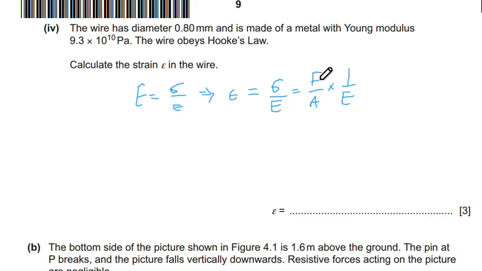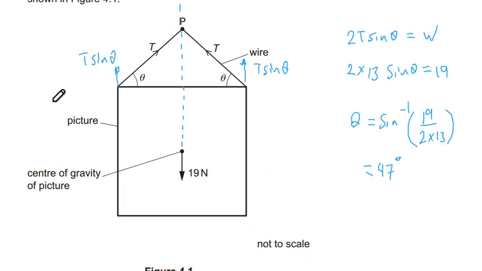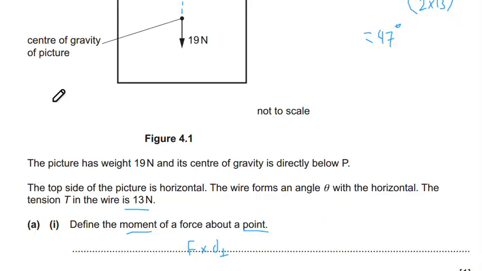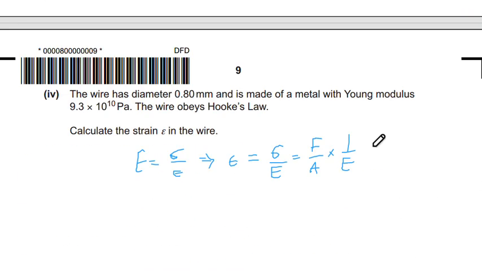The force on the wire is the tension, and the value of tension is 13 Newton. So it is 13 over area.